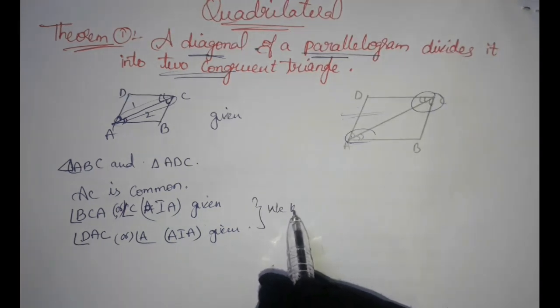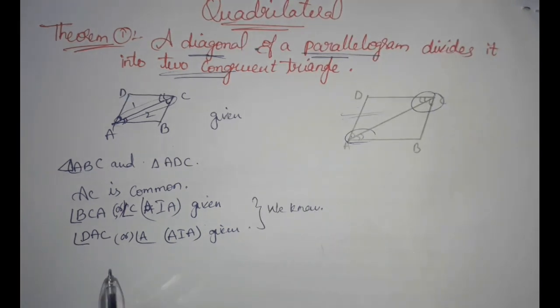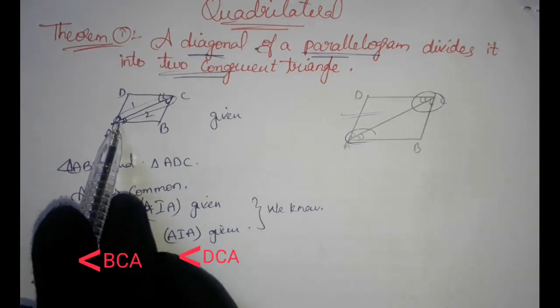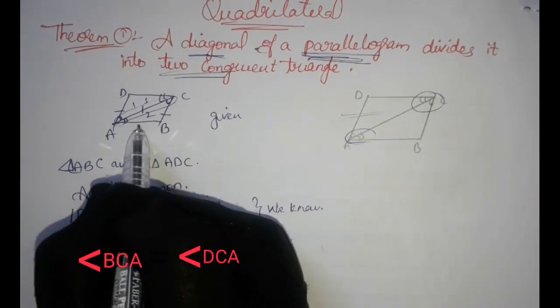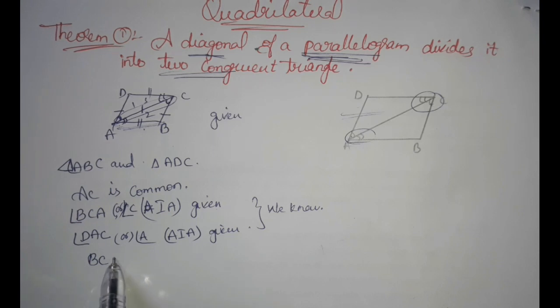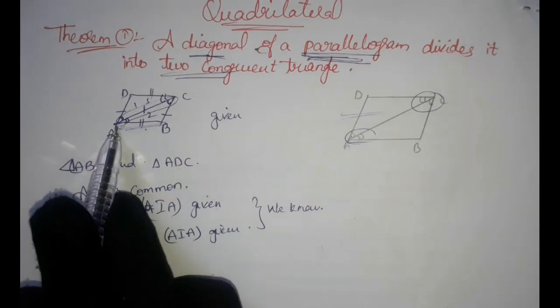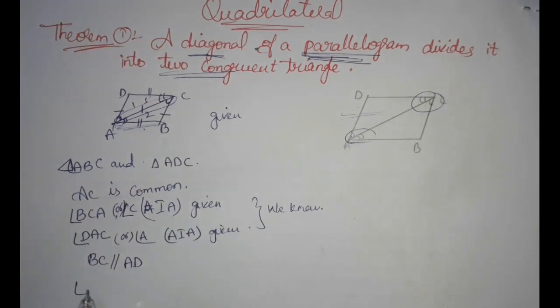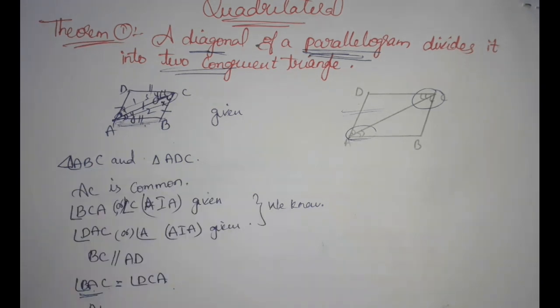We can say angle BCA equal to angle DAC, pair of alternate interior angles. It means sides are parallel, that is BC parallel to AD. The next angle, that is angle BAC equal to angle DCA by pair of alternate interior angles. So sides are parallel, AB parallel to DC.